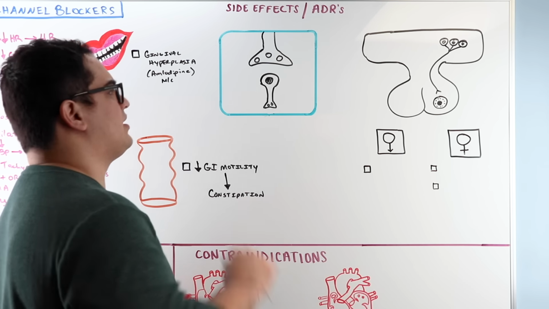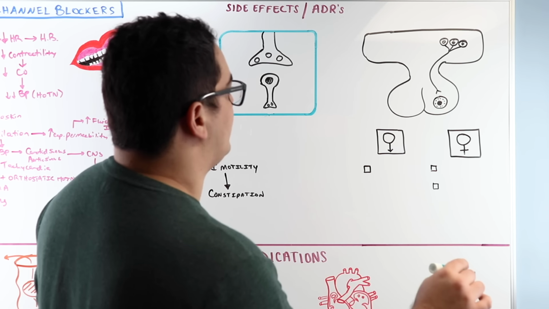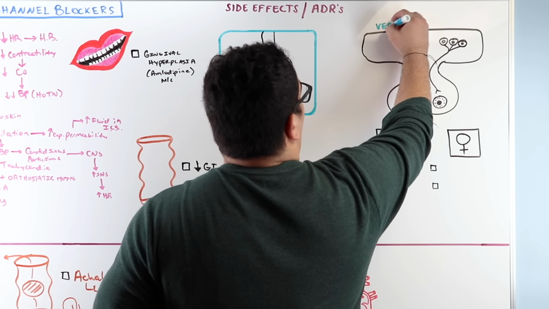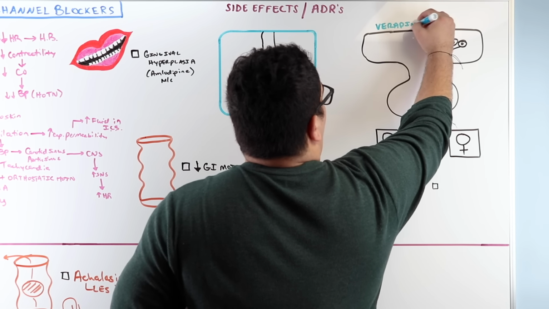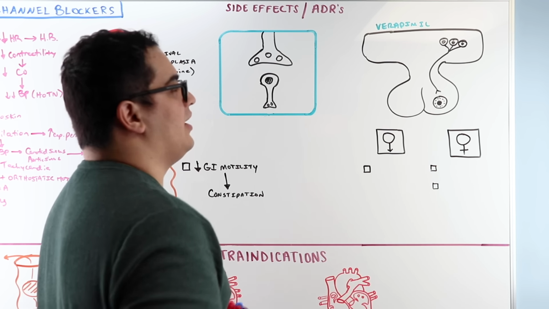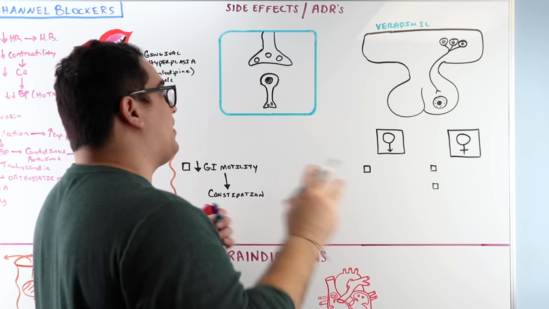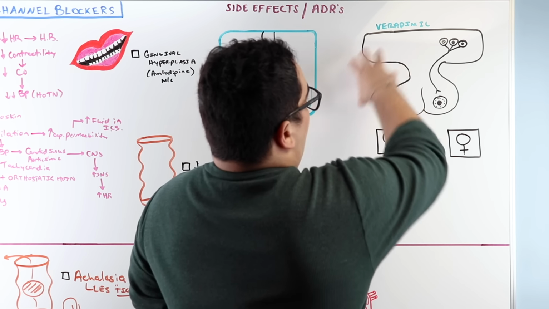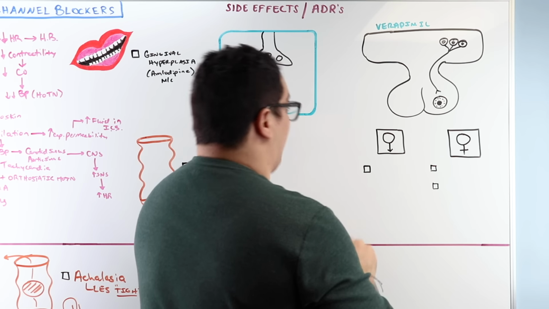All right, so this last side effect, or ADR, that we have to watch out for with calcium channel blockers, actually more particularly is with one of the calcium channel blockers called Verapamil, right? And if you guys remember, Verapamil was one of those non-dihydropyridine calcium channel blockers. This side effect is a little odd, but it's something I wanted to mention because it could come up on an exam. If you guys go back to a little bit of your endocrinology, you have the hypothalamus, right?